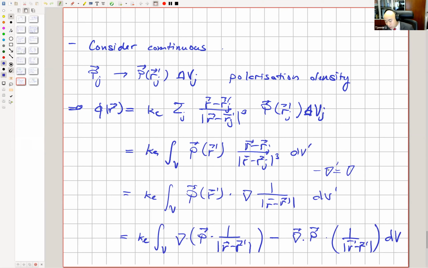And so depending on which you take the divergence to be, then yes, there is a minus sign here that I seem to have missed. Yes, there should be a minus sign here. Let's see. There should be a minus sign here.